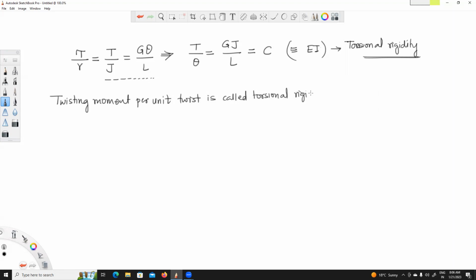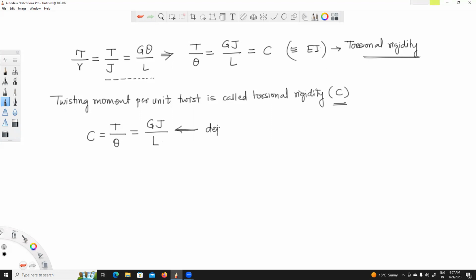And we denote it usually by the symbol C, capital C. And it is given by what? C equals, by the definition, twisting moment T per unit twist theta, and we have the expression for this as G, modulus of rigidity, times J, polar moment of inertia for that cross section, divided by length. So basically it depends on the rod.